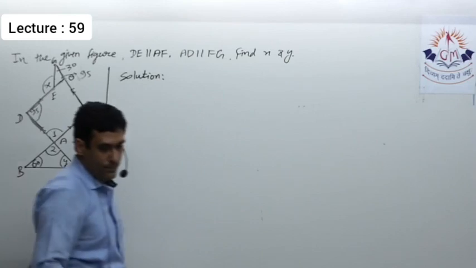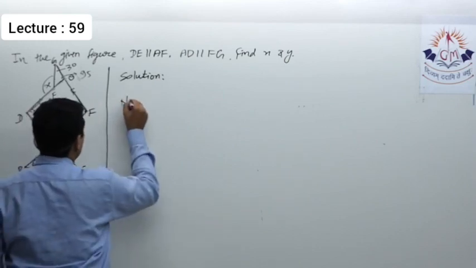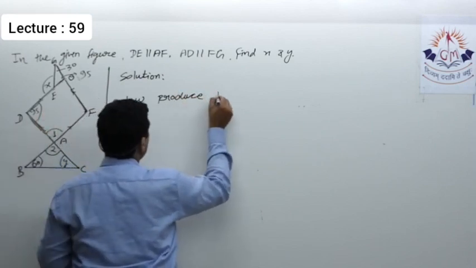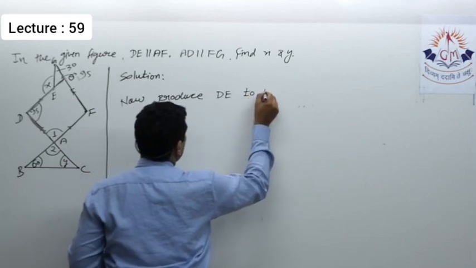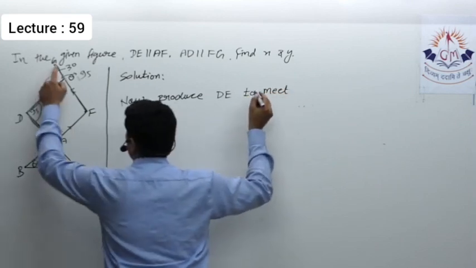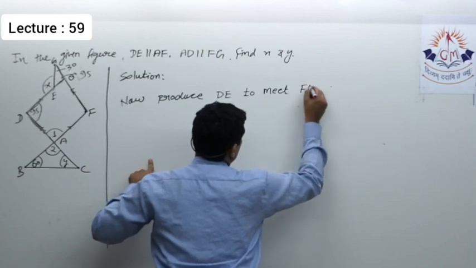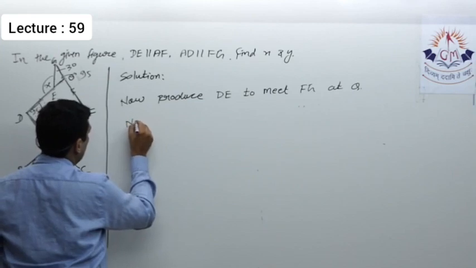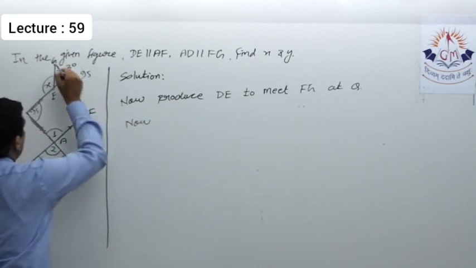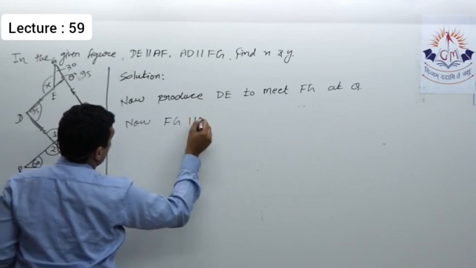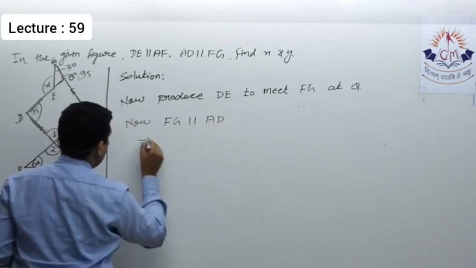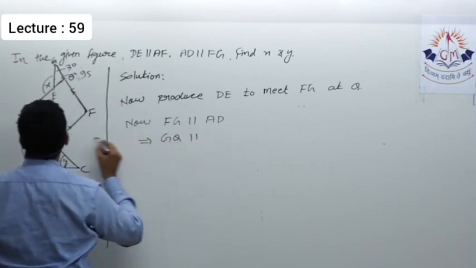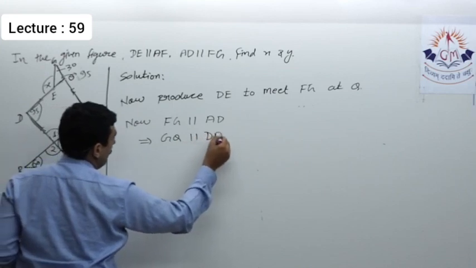So now what I have to do, produce DE to meet FG at Q. Now FG is parallel to AD, therefore I can say GQ is parallel to DA, isn't it?